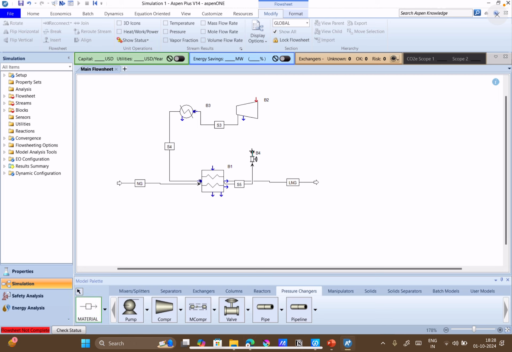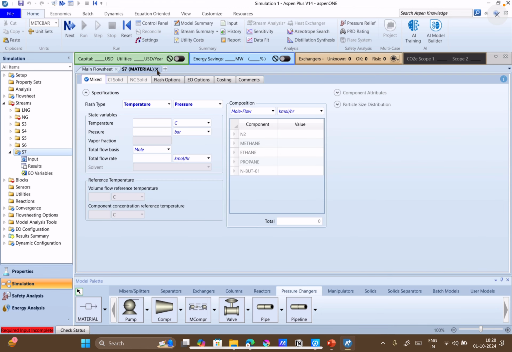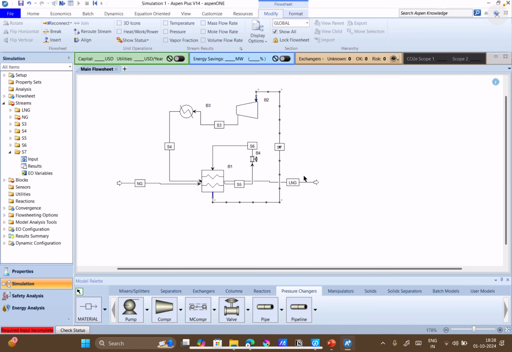Now from this, and cold product will go to our cold. Just I'm reordering it, then I will explain what is happening.